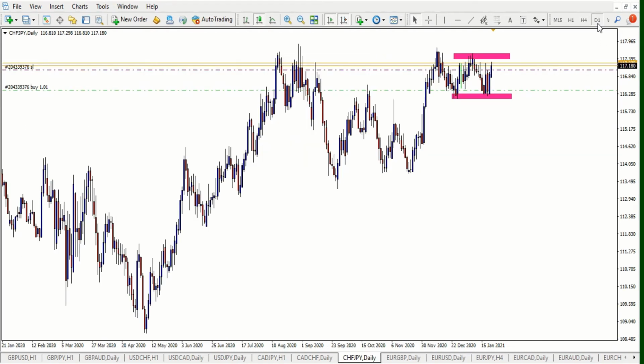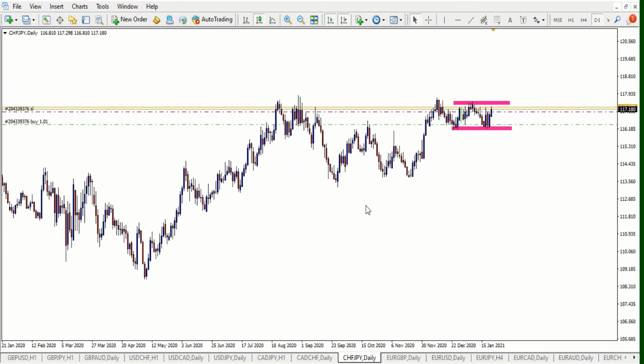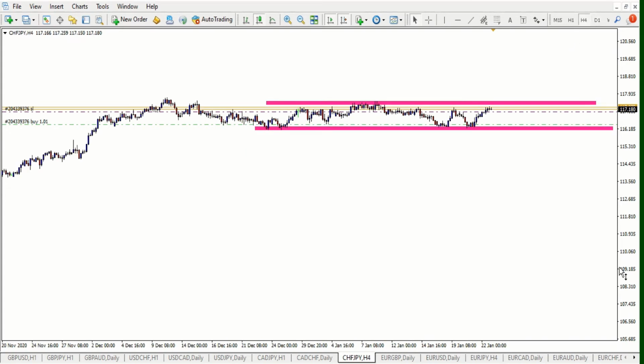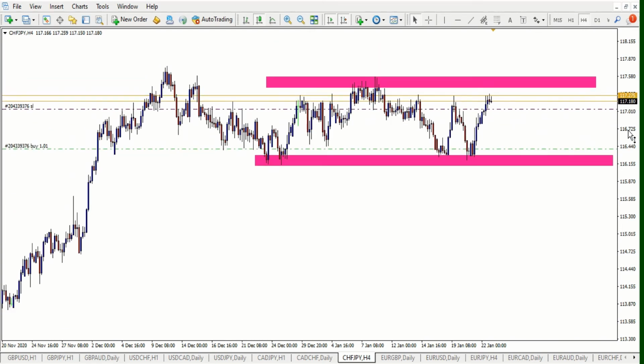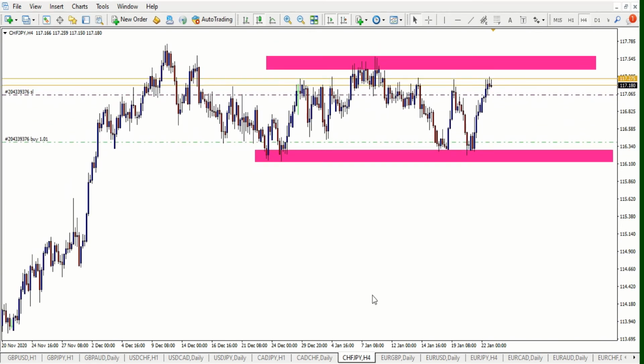If you look at the daily, you could easily see that we are in an uptrend. Okay, so when you come to our 4-hour time frame to look for the key levels, you can see that we've had a nice support zone here. 1, 2, 3, 4.